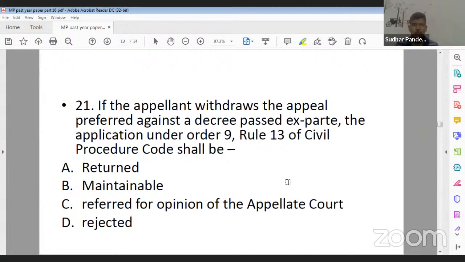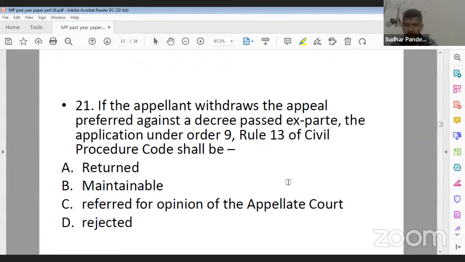Question number 21 is related with Order 9, Rule 13, which is about the ex parte decree. In cases of ex parte decree, what is the remedy available to the party against whom the ex parte decree has been passed? What should be the correct answer?